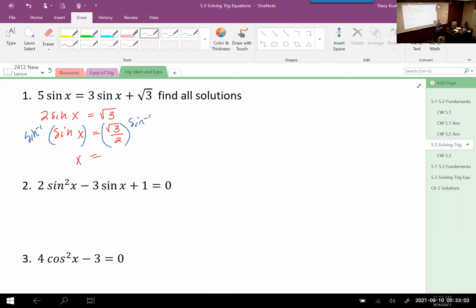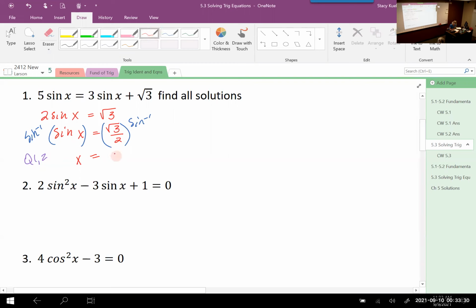Before you answer me, I know that sine is positive in which 2 quadrants? Quadrants 1 and 2. Sorry, 1 and 2 for sine. Now that means that I'm going to get 2 solutions here. So what angle, when I take the sine of it, do I get the square root of 3 over 2?